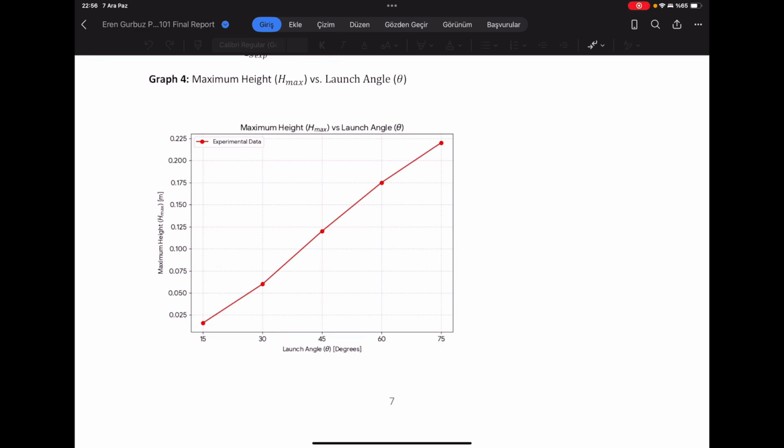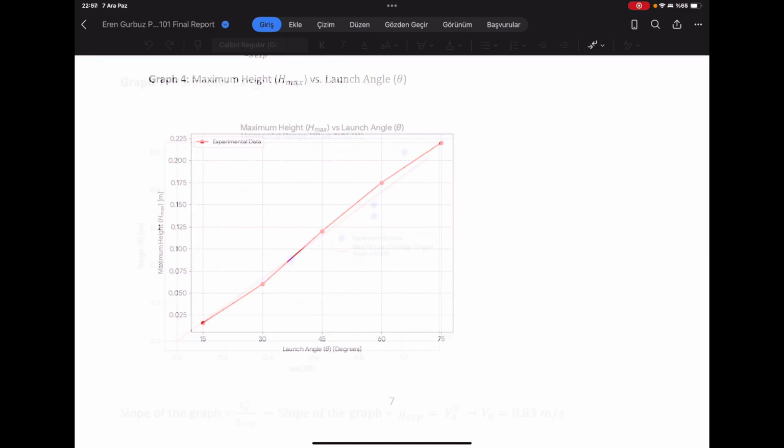Since the square of sin theta increases continuously from 0 degrees to 90 degrees, the maximum height also increases over this range.